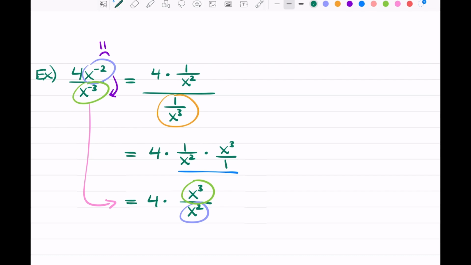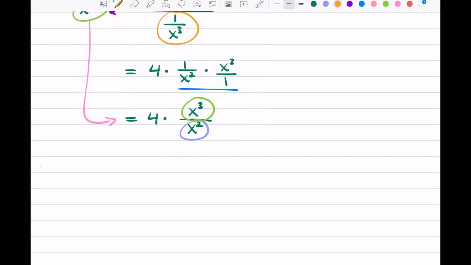Let's write out our shortcut. If we have some number to the negative m power over another number to the negative n power, we can rewrite this by making those negative exponents happy. We'll write this as heart to the n over smiley face to the m.